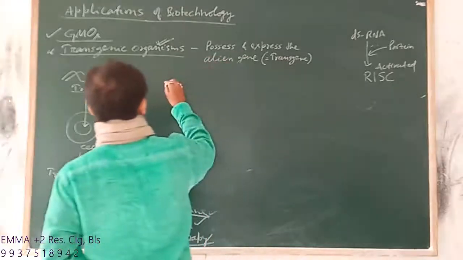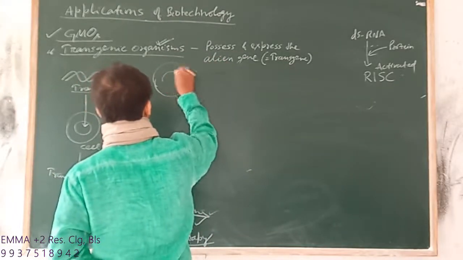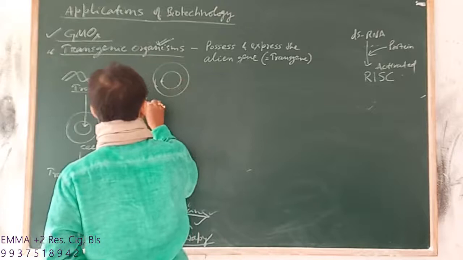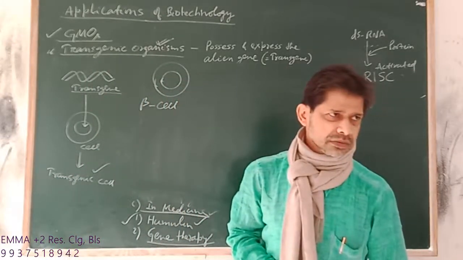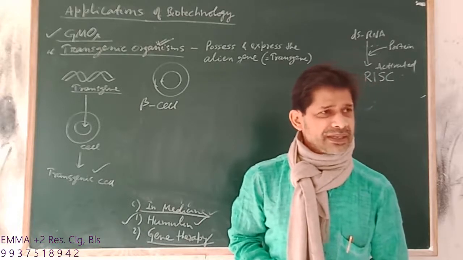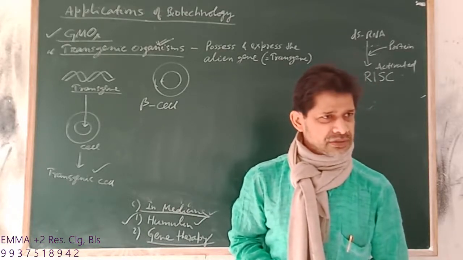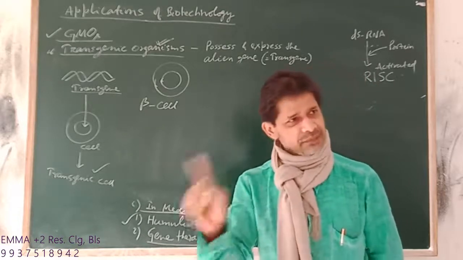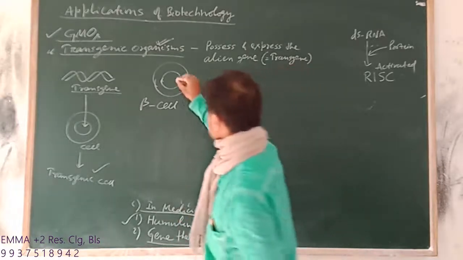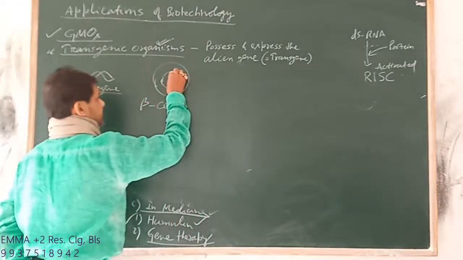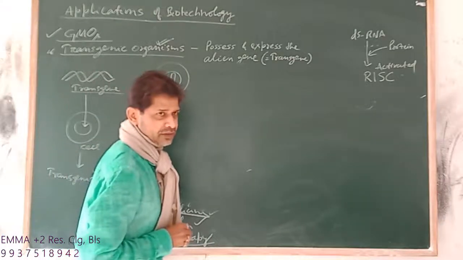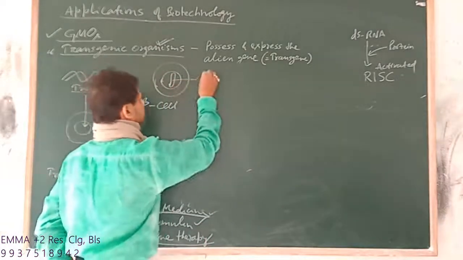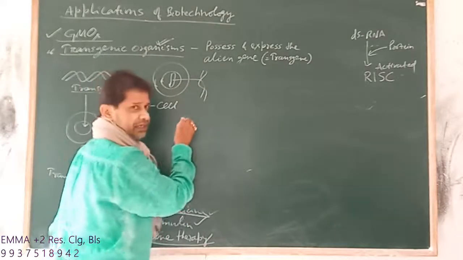Actually, in the human beta cells of the pancreas, you know the pancreatic islets of Langerhans: alpha cell, beta cell, delta cell, PP cell. Beta cells contain chromosome 11. Suppose this is chromosome 11. The chromosome 11 contains DNA.